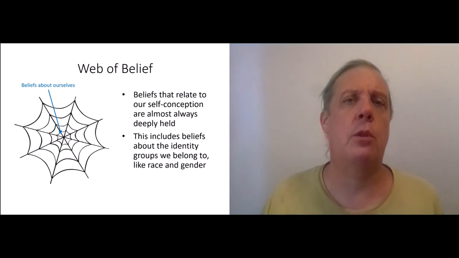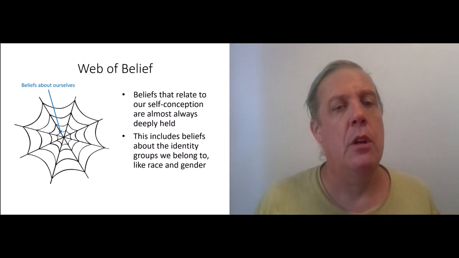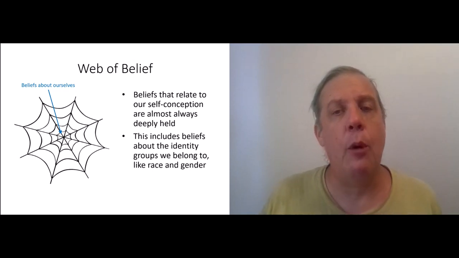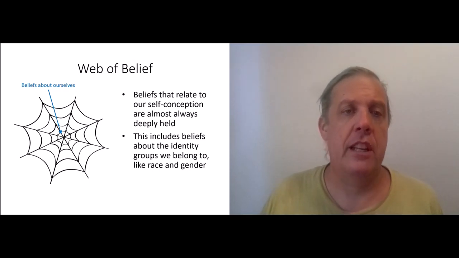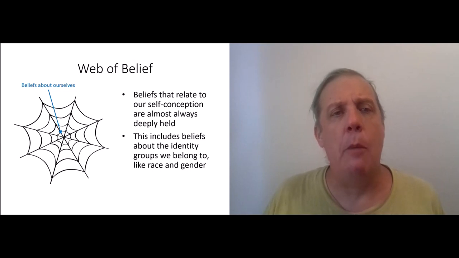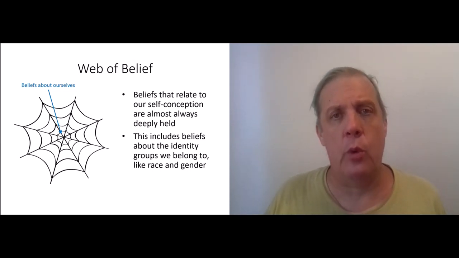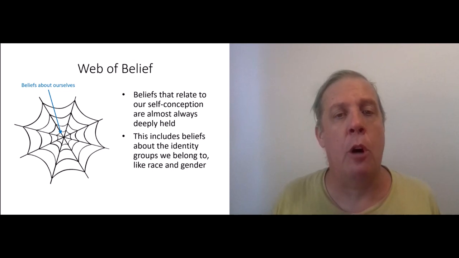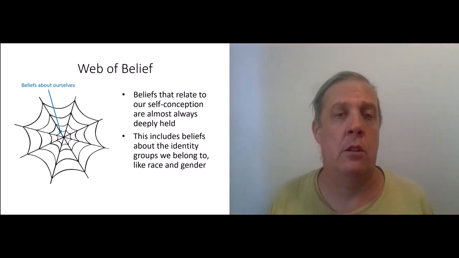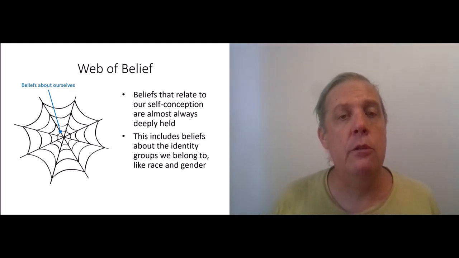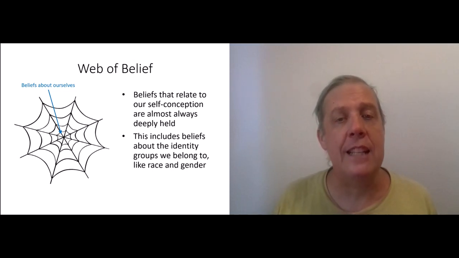So these are ones that we are less likely to change. So the thing I want to add here is just that beliefs about ourselves are almost always in the core of our web of belief. Beliefs that relate to our self-conception are almost always deeply held. And this includes beliefs about the identity groups we belong to, like race and gender.